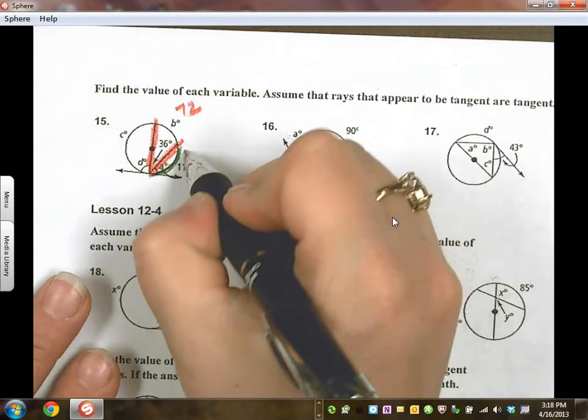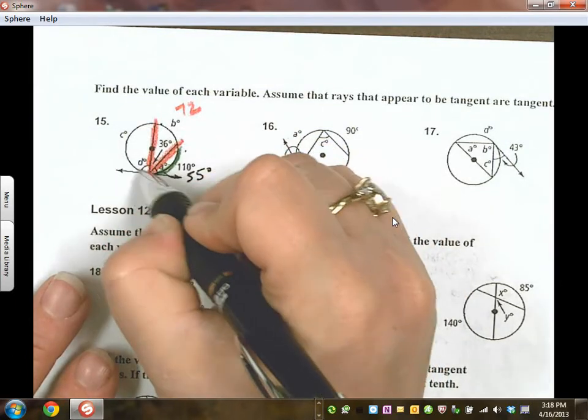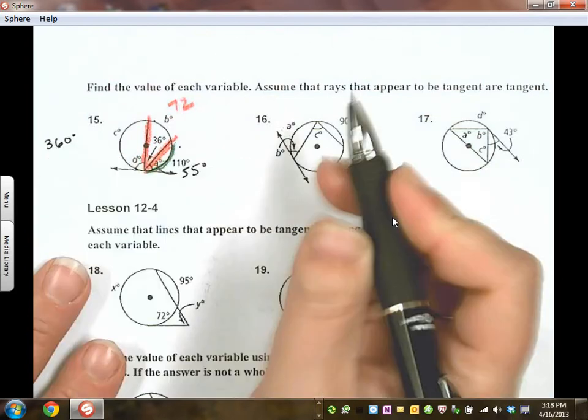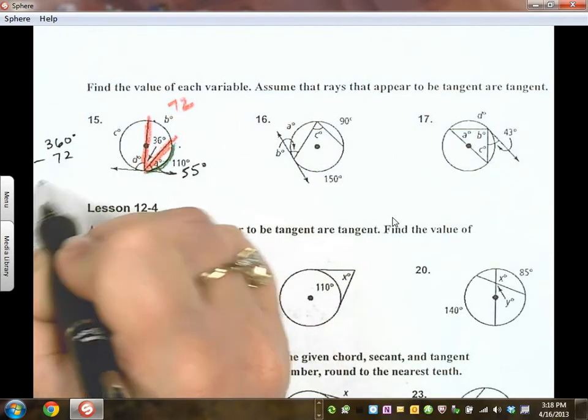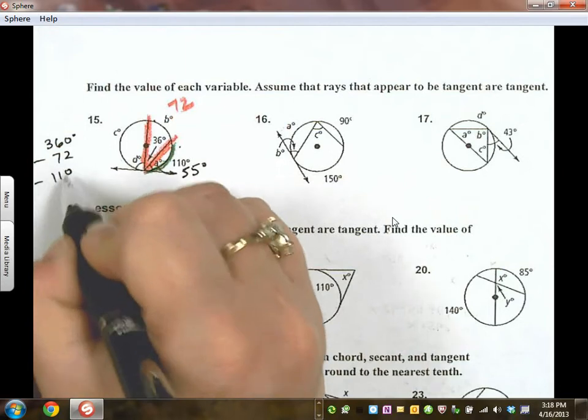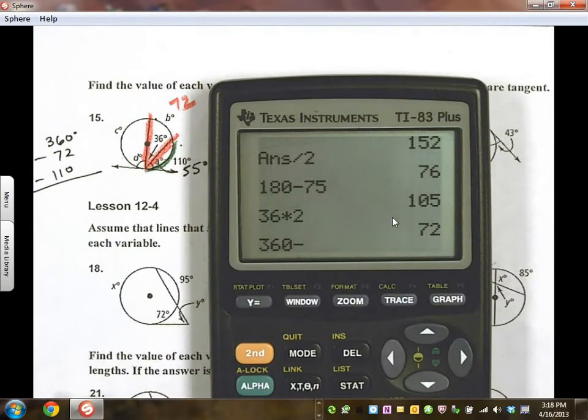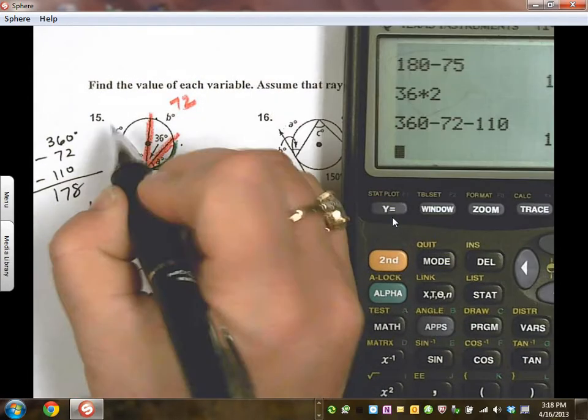So we have 110, we have 72. What's left over here for this side? Well, we would take 360 degrees, and we would subtract 72 and subtract 110. And what do we get when we do that? And I know that's 178.